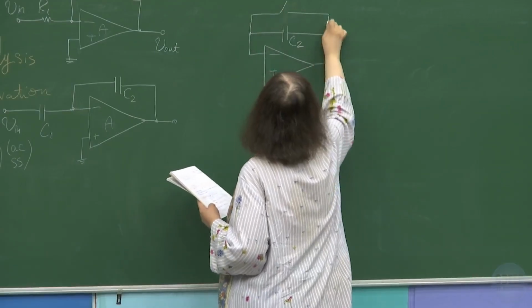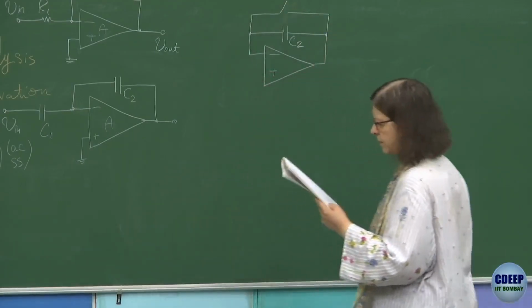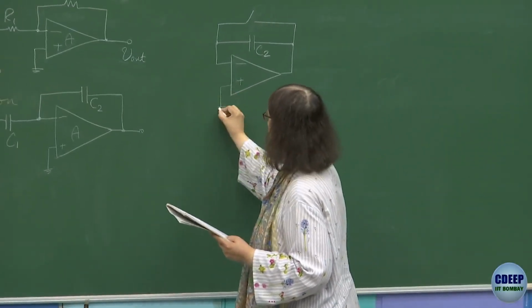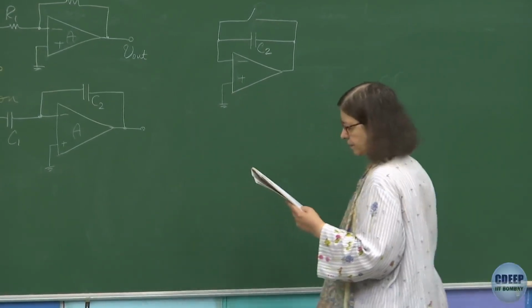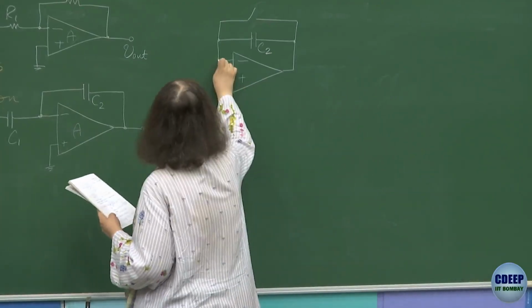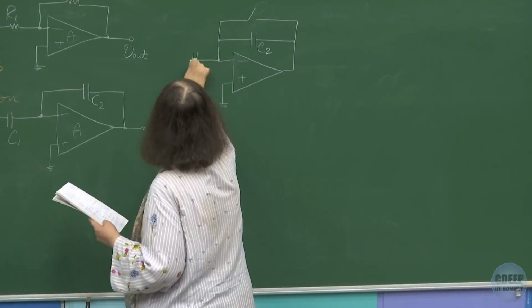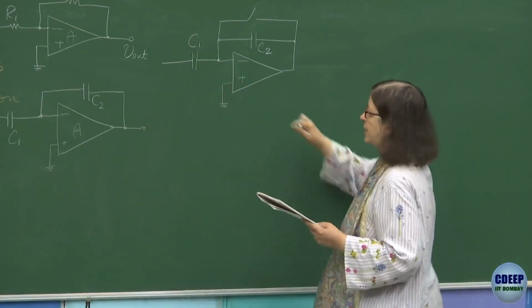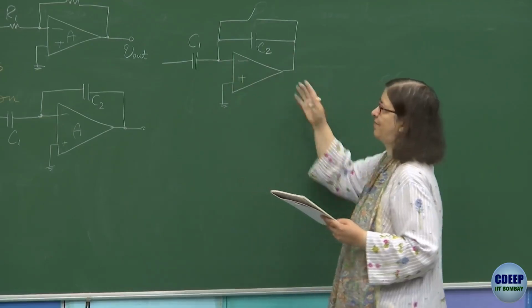And here we have a switch. Okay, this will remain same as before. The only difference is that we have a capacitor fixed in the feedback. Now, we had one capacitor also at the input, which was later getting switched.